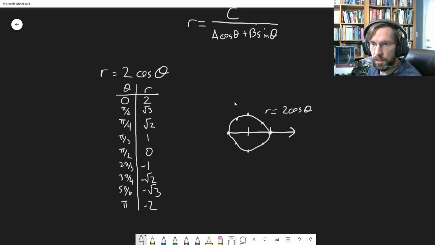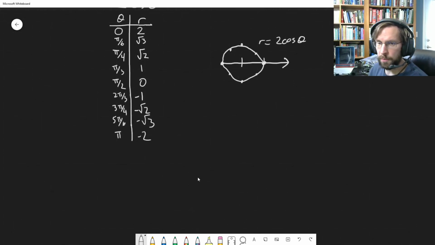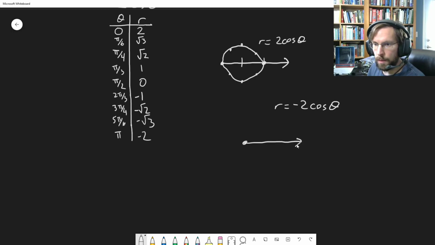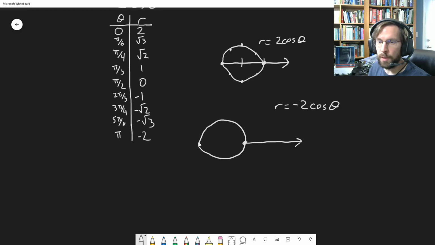If we change this ever so slightly, so if we take r equals negative 2 cosine theta, the only thing that this does is you're going to end up with a circle now on the left-hand side of the pole rather than on the right-hand side of the pole.